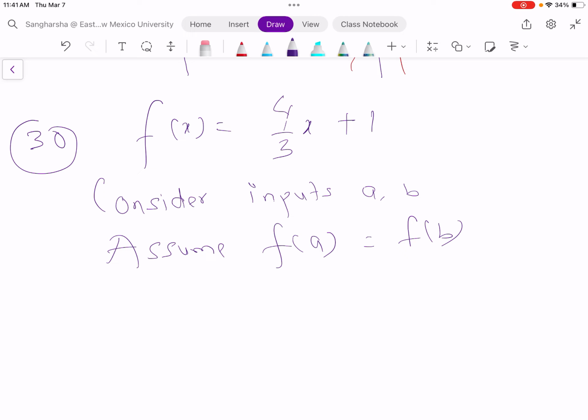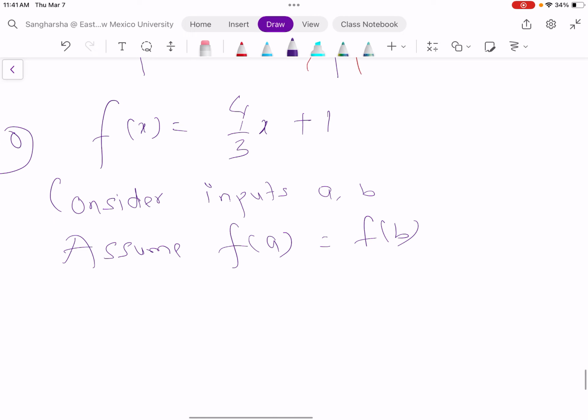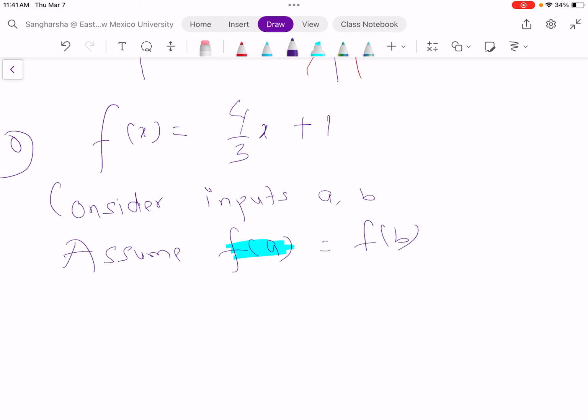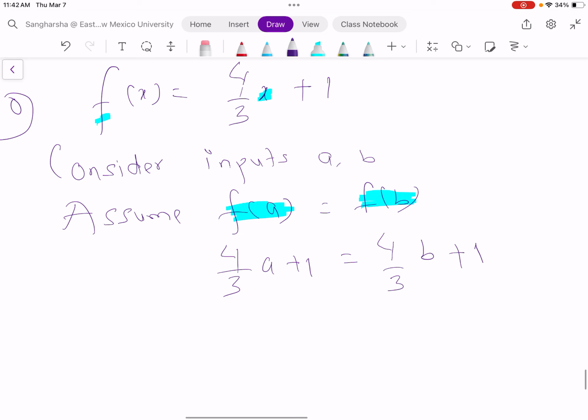Now let's find f of A and f of B and simplify, and see what we can find about our inputs. How do we find f of A? You substitute A for every x, right? So we have 4 over 3A plus 1 equals, in order to find f of B, you substitute B for every x in your f function, 4 over 3B plus 1.